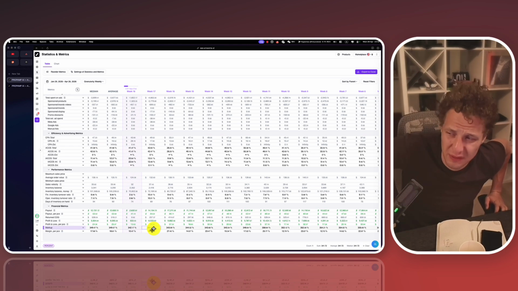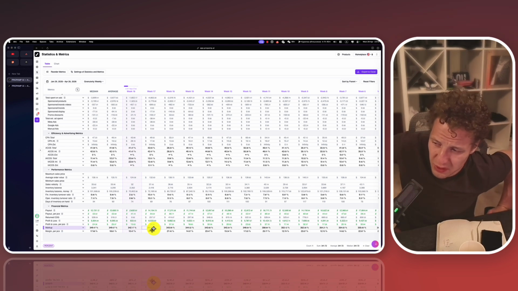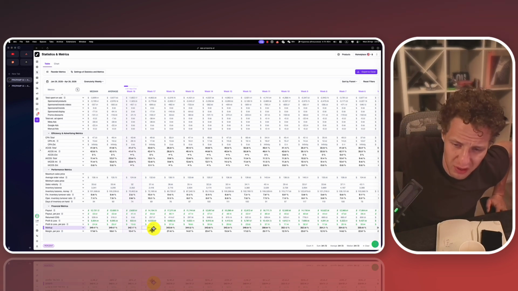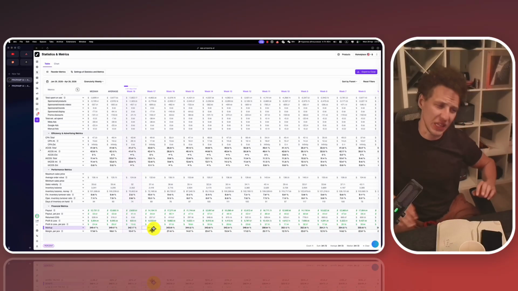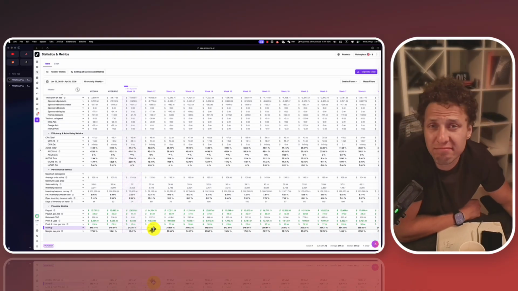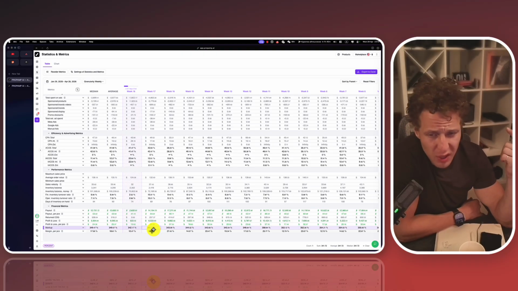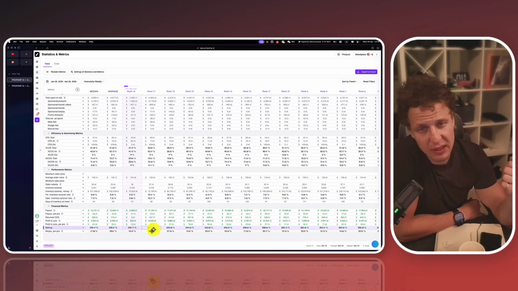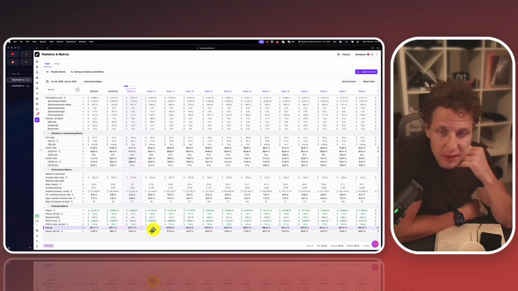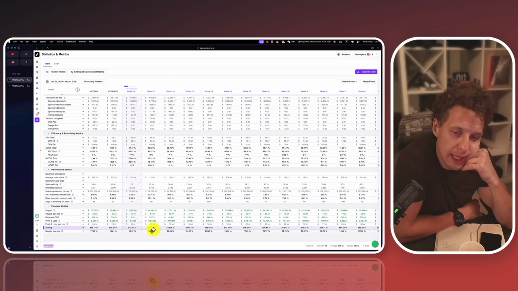So basically, if your COGS is, I don't know, $20, you most likely will sell it on Amazon for $80, considering the fulfillment fee, referral fee, refunds, storage fee, advertising, and all of that. That's actually how it goes. That's it. That's the statistics and metrics.